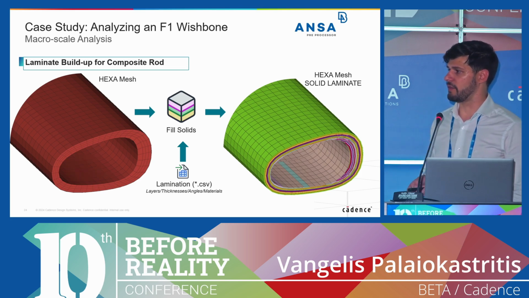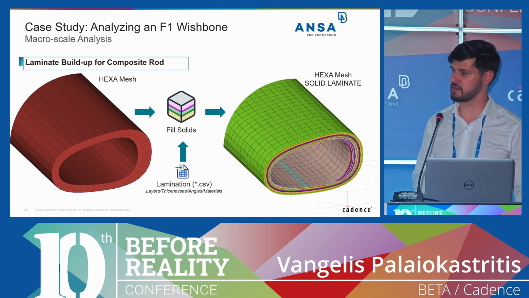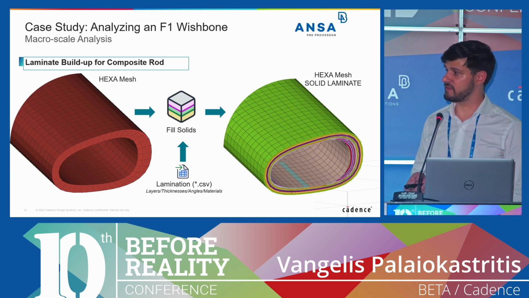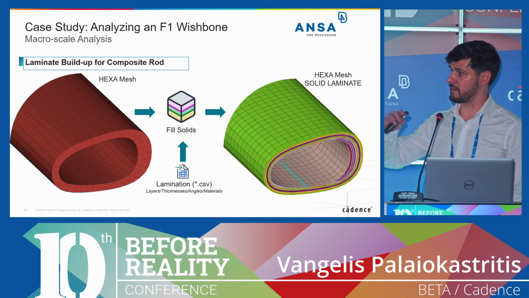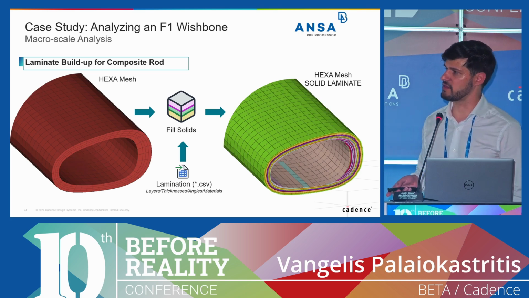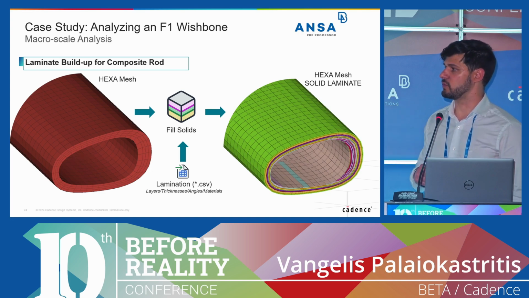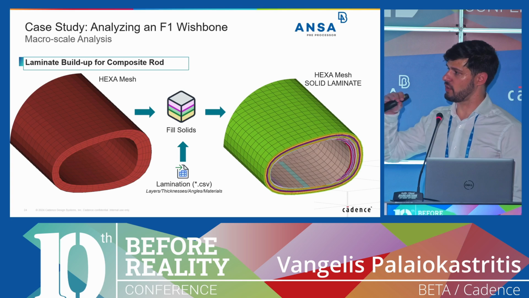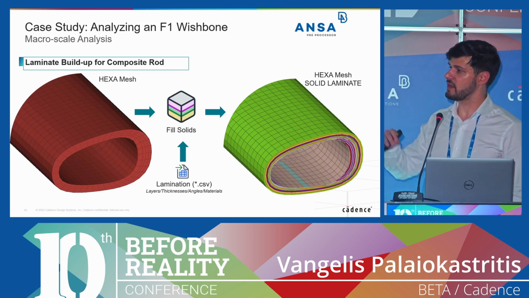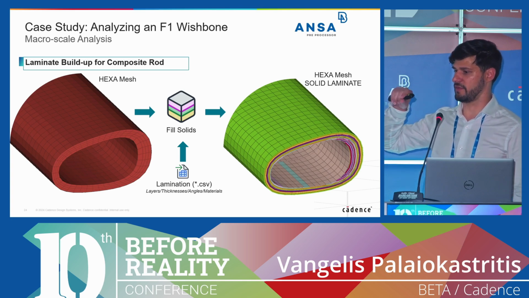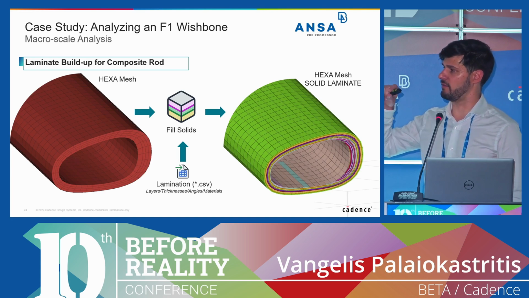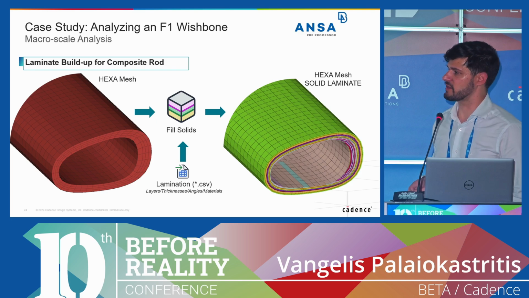There is a file containing the layer information, the thicknesses, angles, and materials, and this function will be used on the existing hexahedral mesh, and will try to fill the solids with layers up to the point that their actual volume, their actual thickness is captured.